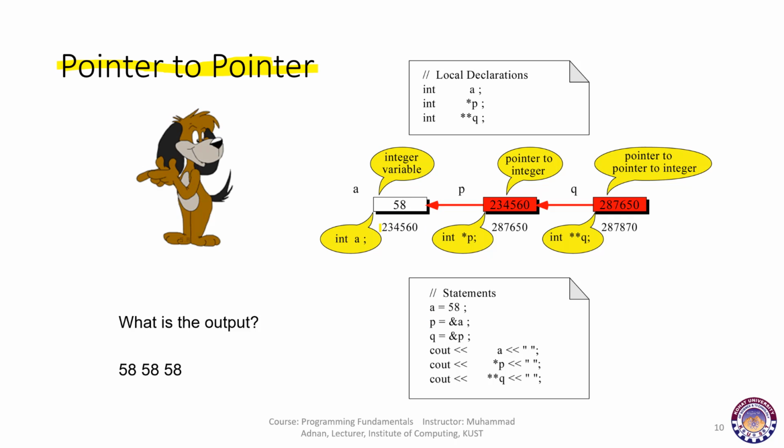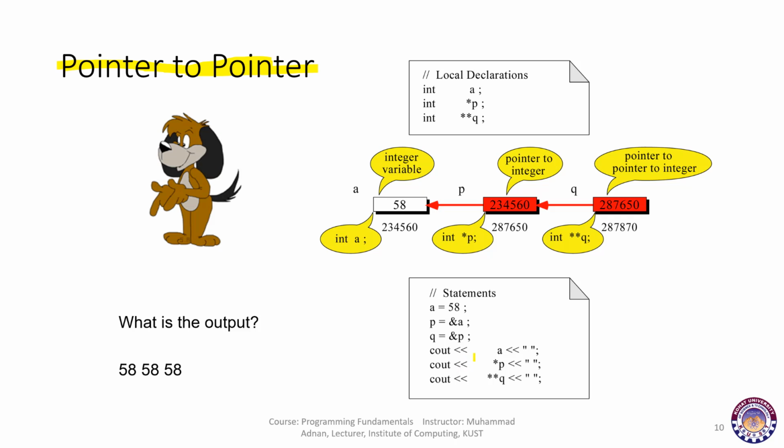So the address of a is 234560, which is stored here, and then we store the address of p, which is 287650, into q. So 287650, and q also has its own address. So pointer to pointer, and that pointer is further pointing to an integer.